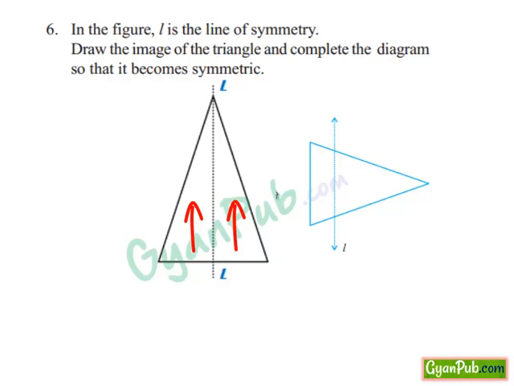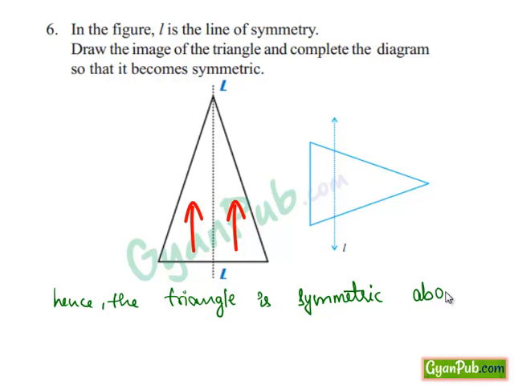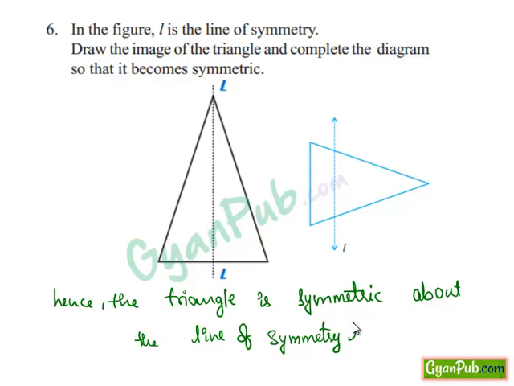Hence now the diagram is symmetric about the line of symmetry L. Hence the triangle is symmetric about the line of symmetry L1.